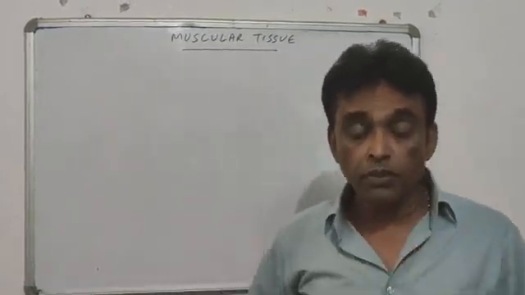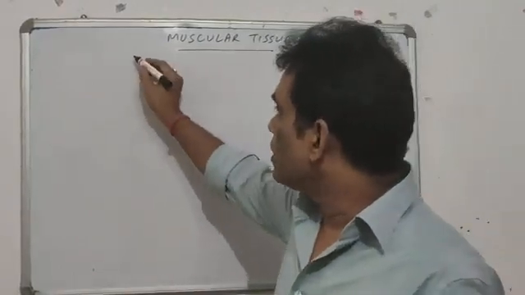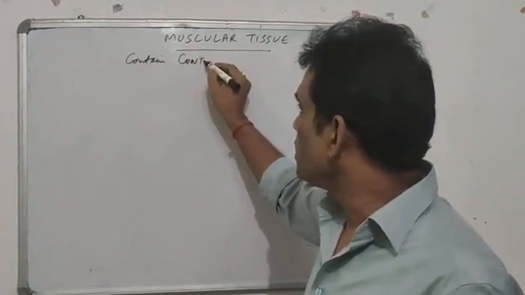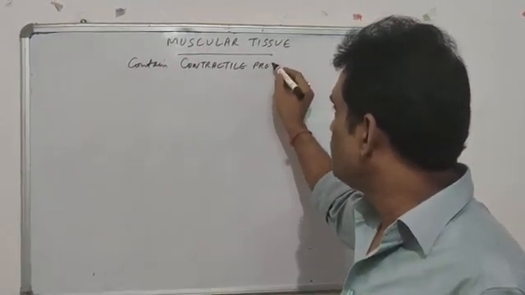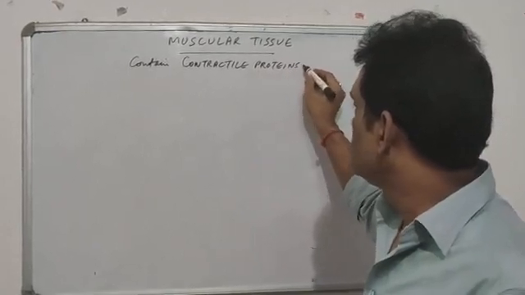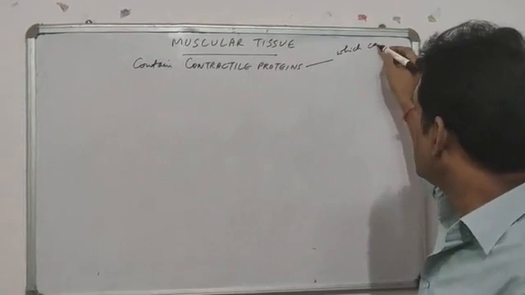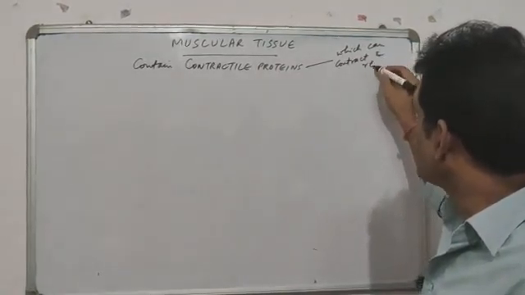Muscular tissue, we have just now discussed. Muscular tissues are the special tissues found in animals which contain special proteins called contractile proteins. Contractile proteins means which can contract and relax.